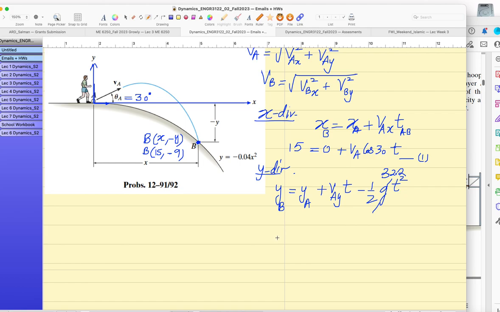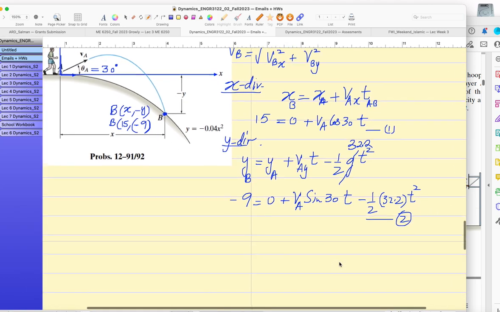Let's plug in the values. What is YB? If you closely look, this is negative 9. Agreed? And YA is 0 plus VA sine 30. Agreed? Now the time of flight is the same, minus 1/2 times 32.2 times t squared. So this is equation number 2.